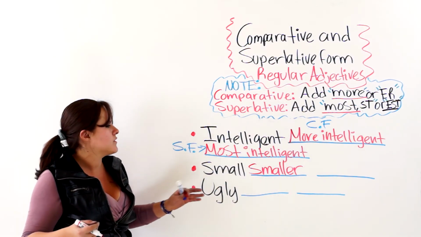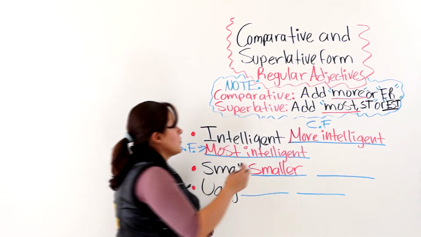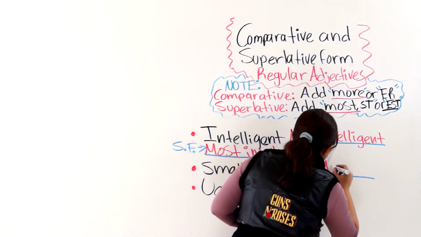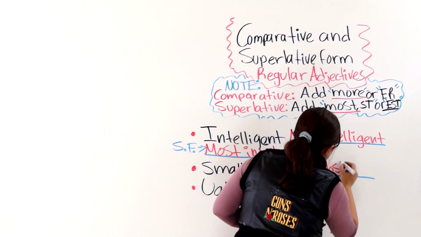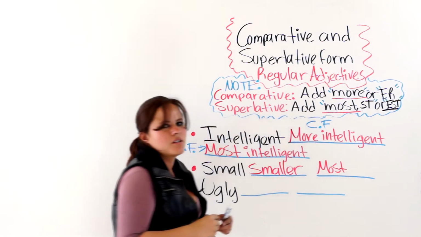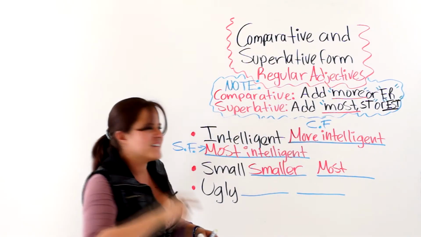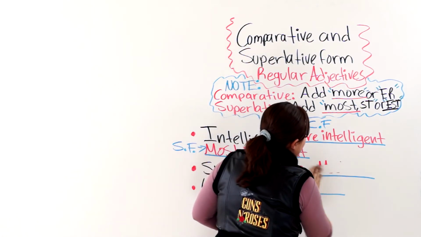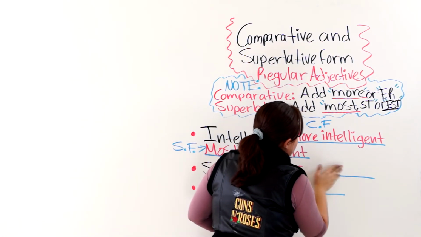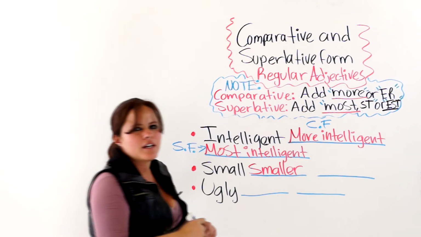It has one syllable, so we need the word most. Most small. Not really, right? It is a one syllable adjective, people, so what do we need?